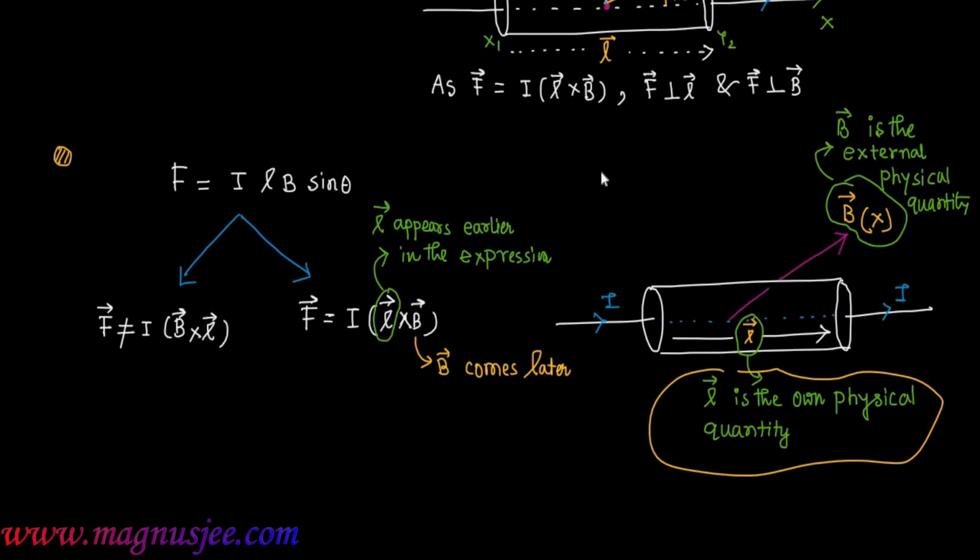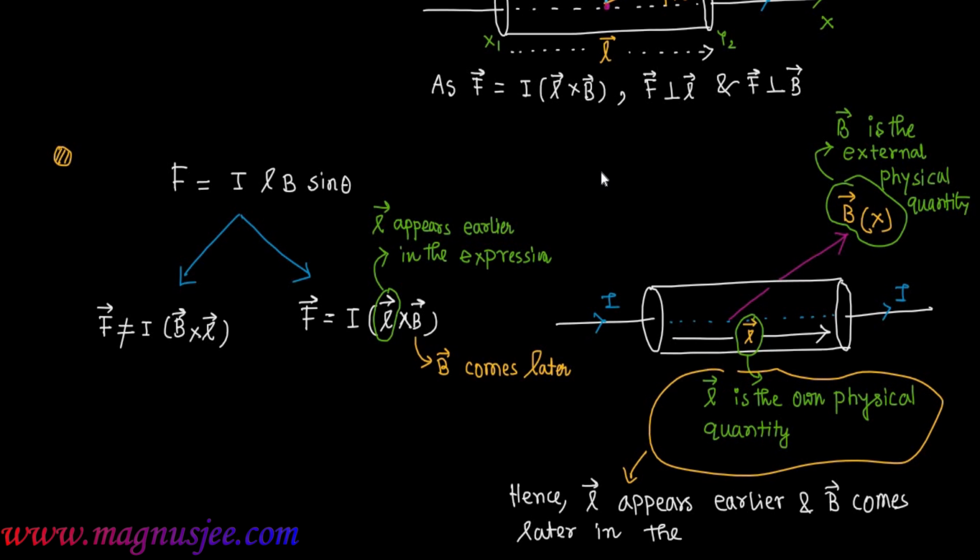Hence vector L appears earlier and vector B later in the expression of force. Therefore, vector F equals I vector L cross vector B, the force experienced by a current carrying long straight conductor placed in a magnetic field.